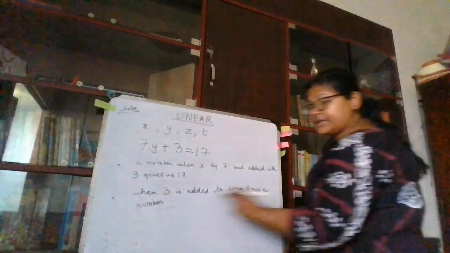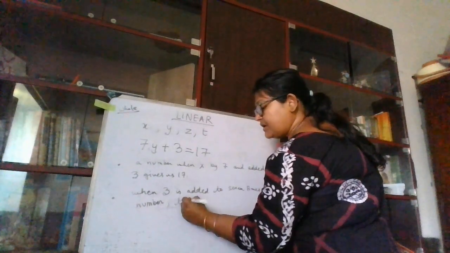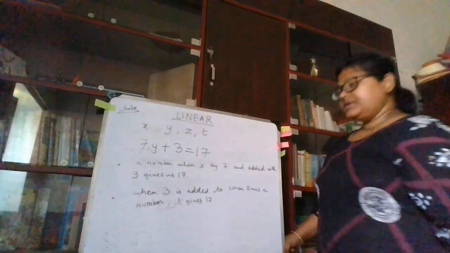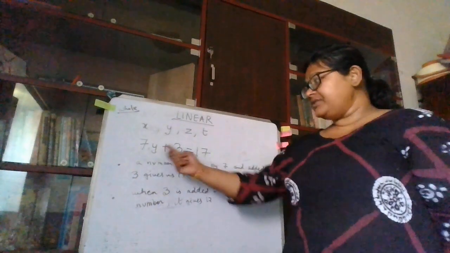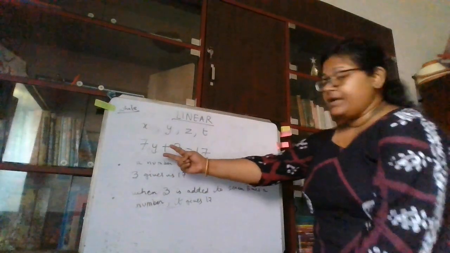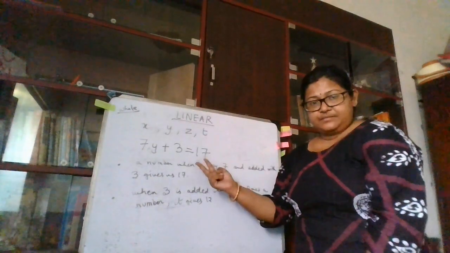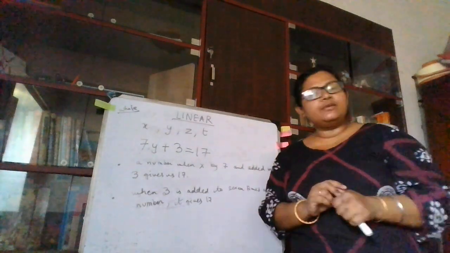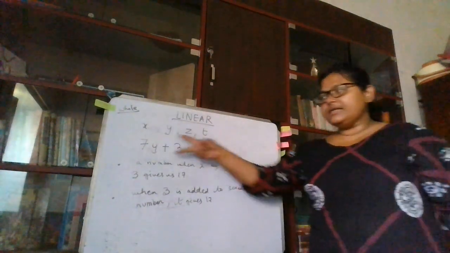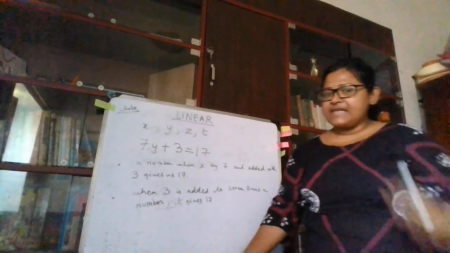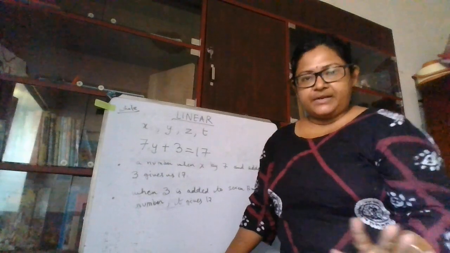So 7 times a number, plus 3, gives 17. That means the result is 17. This is another way of writing: when 3 is added to 7 times a number, it is 17. You can also write in different patterns. One linear equation can be written in many statement forms. As far as it is correct, don't worry.